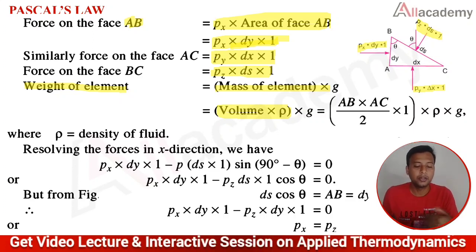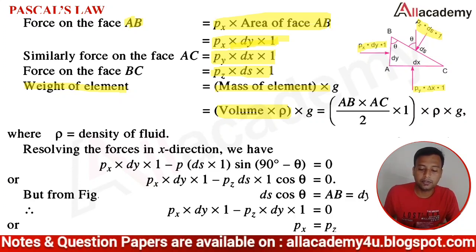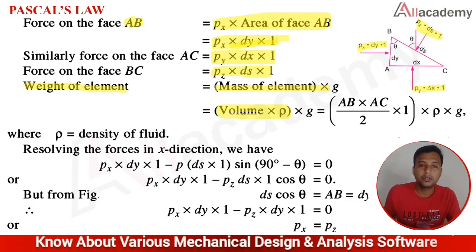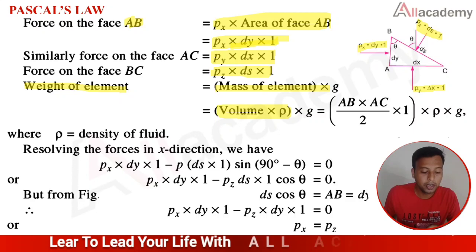The volume of this triangular arbitrary wedge shaped element is AB into AC, height into base divided by 2, into depth, which is 1, into rho, the density of the fluid, and the gravitational constant.